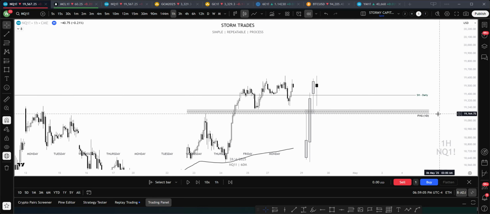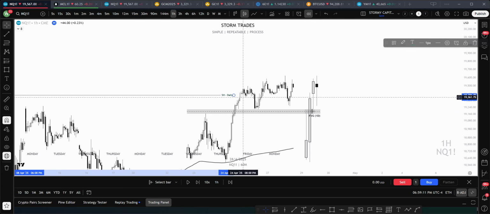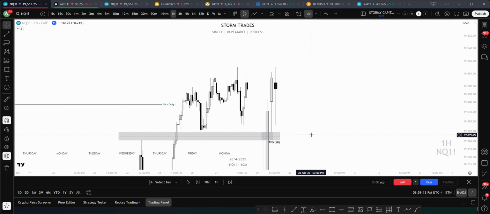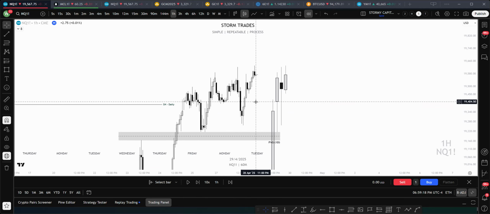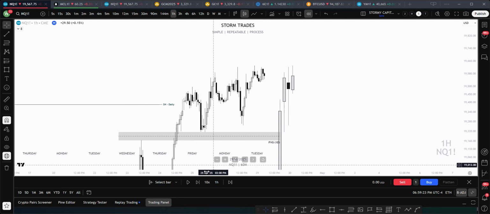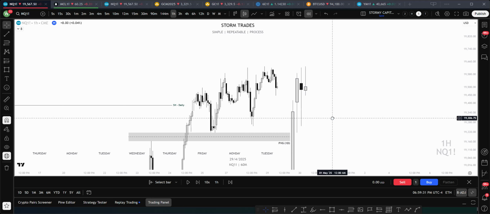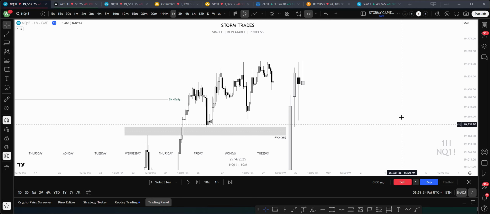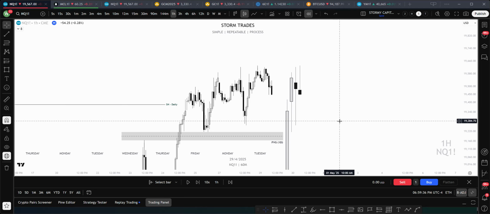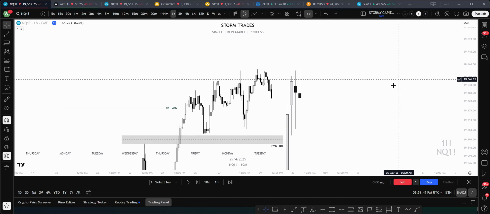And let's clean this up a little bit. And let's move forward to the next morning. It's 5 a.m., 6, 7. All right. And 8. 8 o'clock is when I start looking at the hourly and trying to see what story is being told.